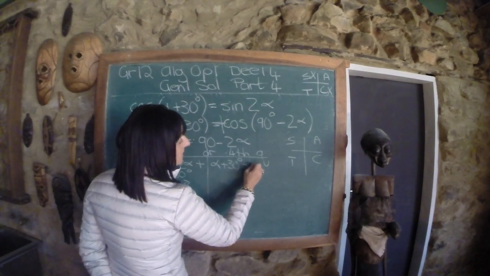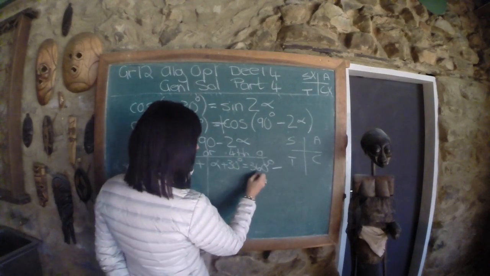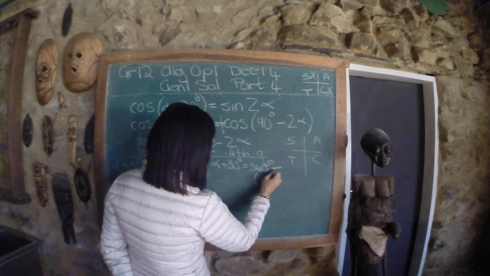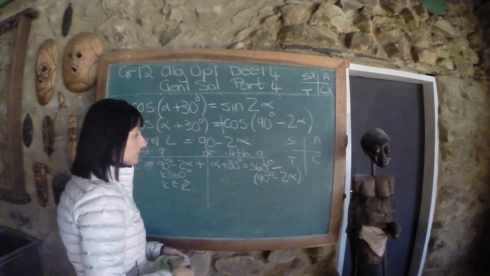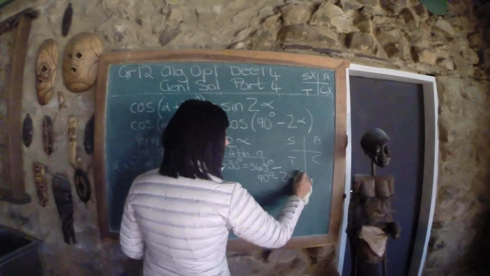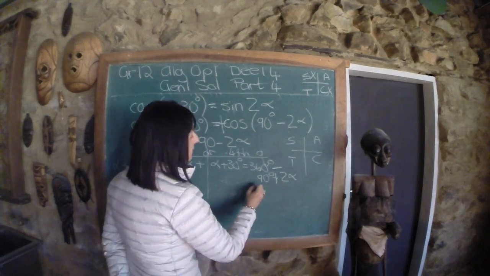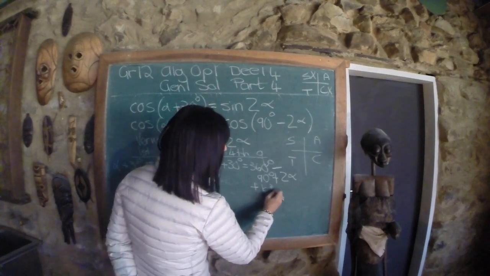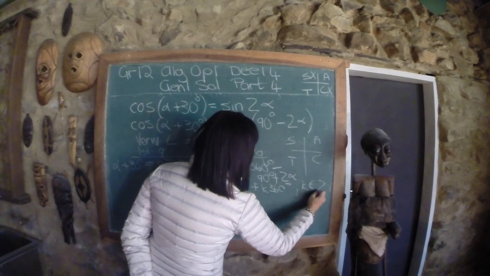Now I've got 360 minus my reference angle. Remember, it must be in brackets. Because when I remove the brackets, like this, that guy becomes a positive plus K times 360 K element of Z.